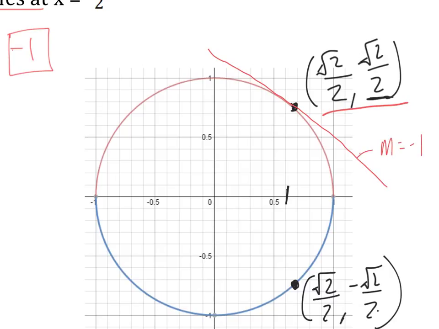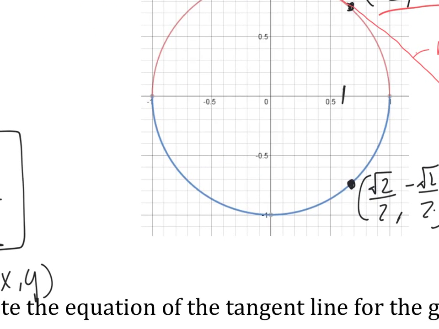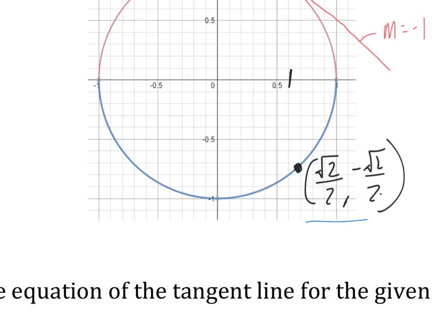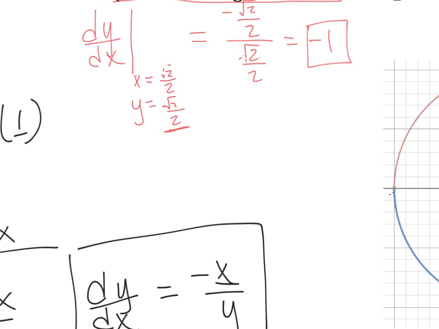Now let's take a look at what would happen at this point down here, at the square root of 2 over 2 and then negative square root of 2 over 2. I'm going to do it on my derivative: dy/dx evaluated at x equals the square root of 2 over 2 and y equals negative square root of 2 over 2.